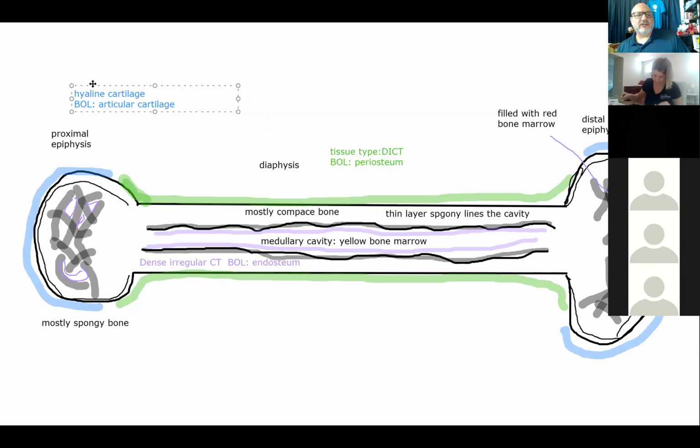Excellent. So our hyaline cartilage, which based on location is the articular cartilage. So there is a transition region, basically from the diaphysis to the epiphysis.